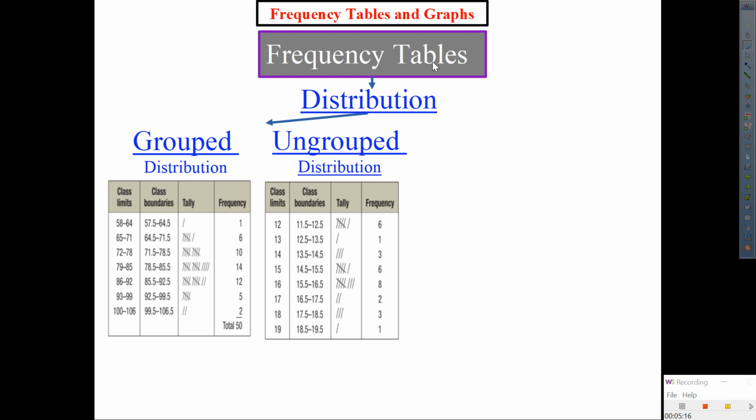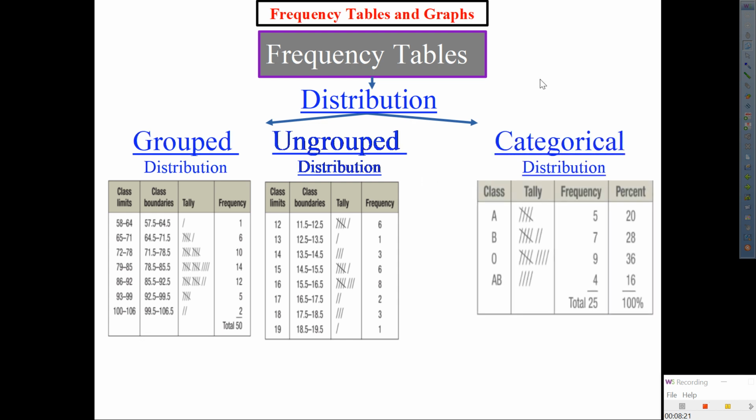All right. The other frequency distribution table is known as a categorical. Look at it and tell your neighbor why this one is a categorical distribution frequency table.